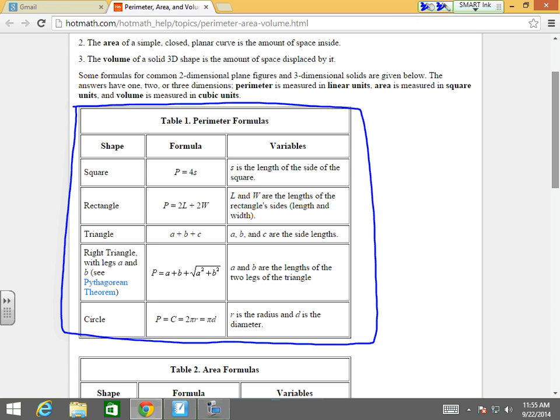This is the perimeter for a square, a rectangle, a triangle, a right triangle, this one don't worry about too much. We're not going to use that until a while. Still write it down. And then definitely a circle is called circumference. Okay? So again, pause it, write these down, and memorize them.